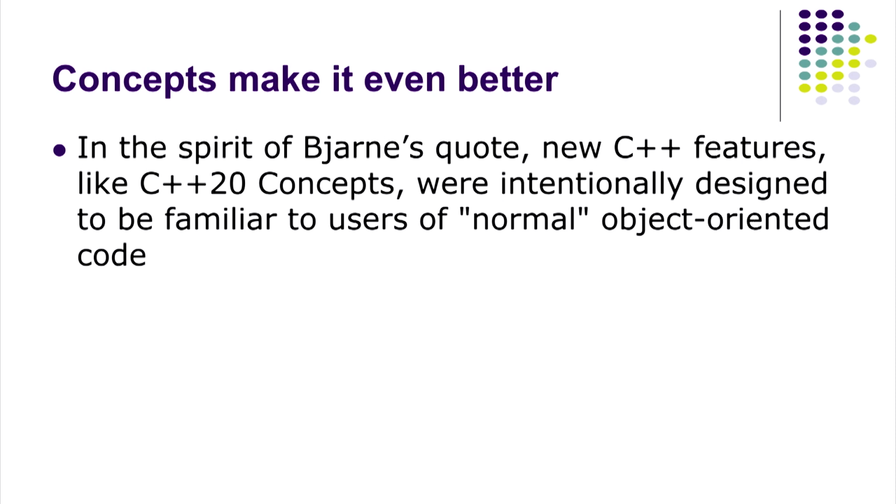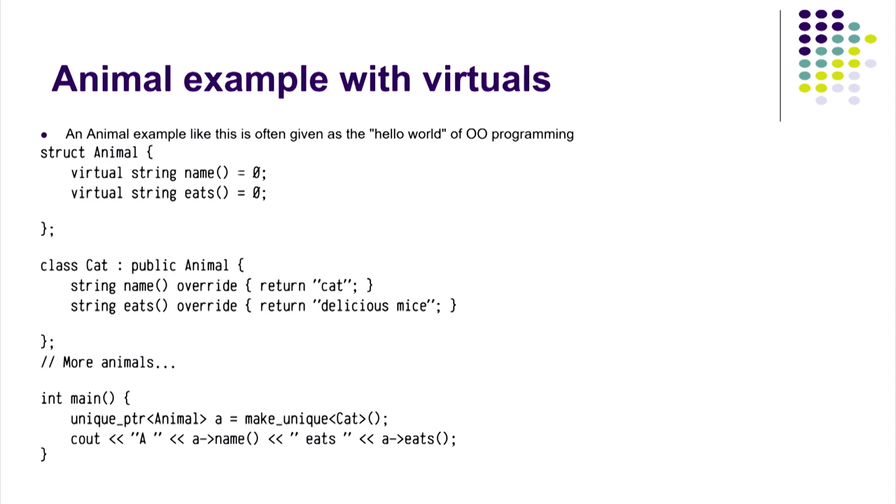So in the spirit of Bjarne's quote, new C++ features like C++20 concepts were intentionally designed to be familiar to users of normal object-oriented code. Let's give an example of how we would convert some virtual inheritance-based object orientation to concept-based programs that can do many of the same things.